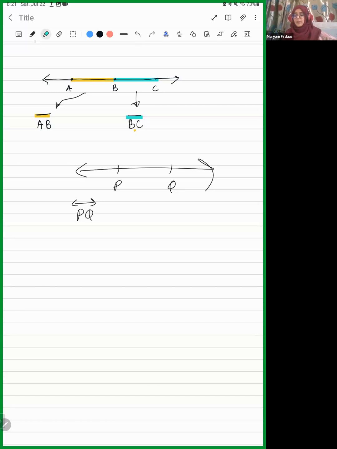But if someone is talking about line segment PQ, then you know they are talking about this portion of that line. Imagine taking a pair of scissors and cutting that line from here and from here. That portion, what you get after cutting, that is your line segment PQ. Got it. Okay, fine.